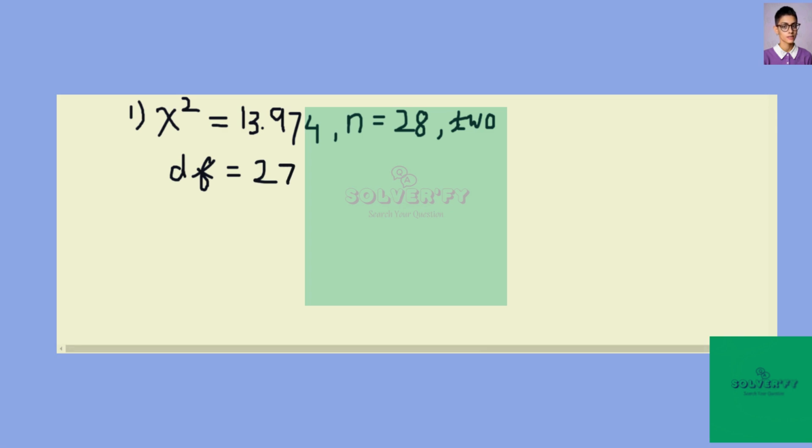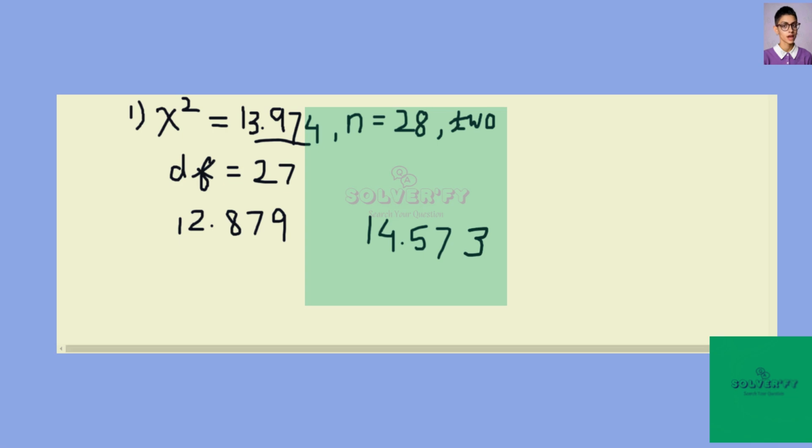Now, chi-square equal to 13.974 lies between 12.879 and 14.573 as seen in the table for the chi-square distribution under degrees of freedom equal to 27.